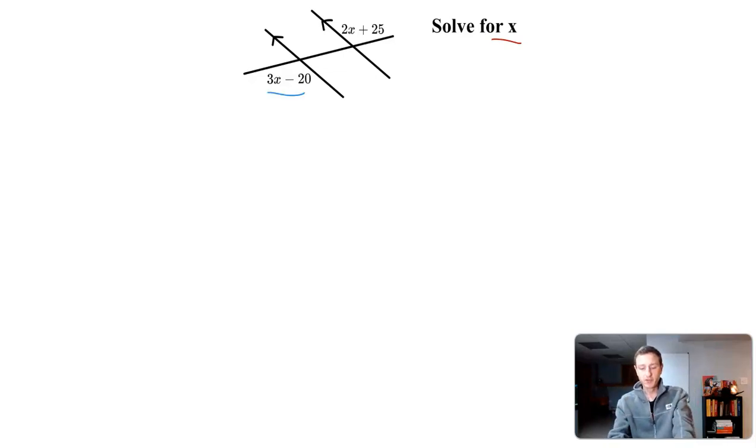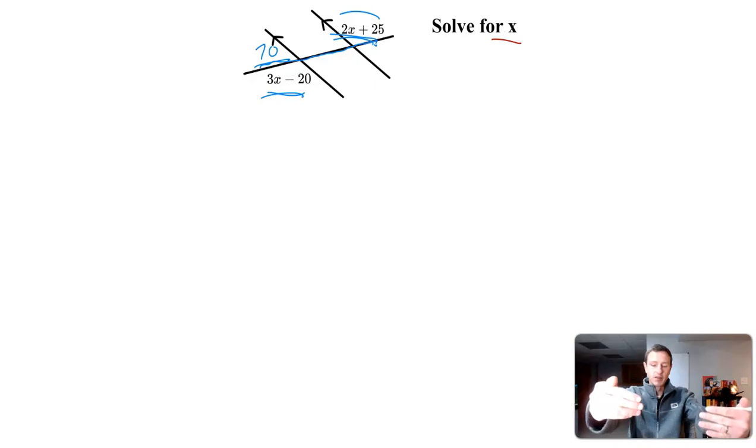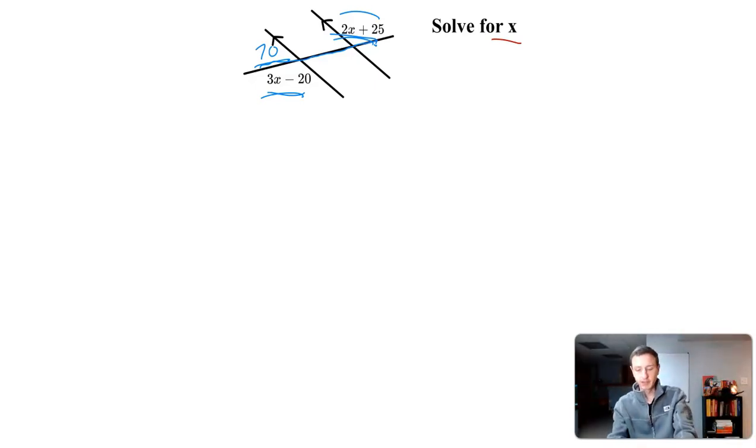So these two angles here that we're looking at are on the exterior of the parallel lines. And then when we have this transversal, these two angles that we're looking at are on the other side of that transversal. And what I mean by other side is, if I were to just call this, let's say 70 and this 2x plus 25, that would be on the same side of the transversal, where 3x minus 20 and the 2x plus 25, those are on the opposite sides.